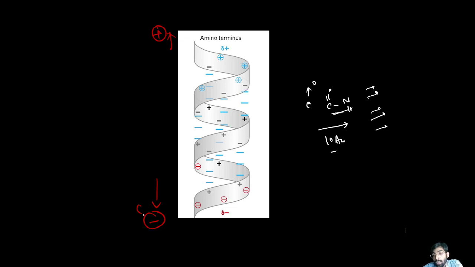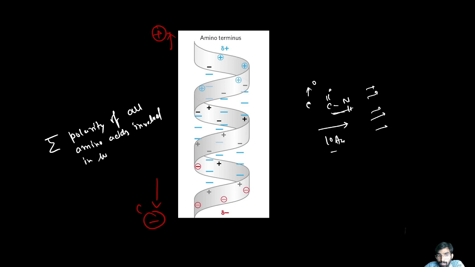The whole helix is now polar because it is the summation of the polarity of all the amino acids involved in the helix. That is the polarity of the alpha helix.